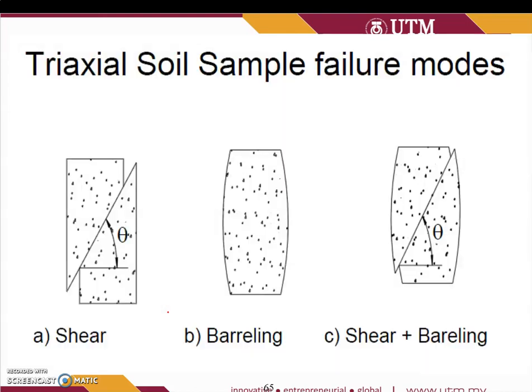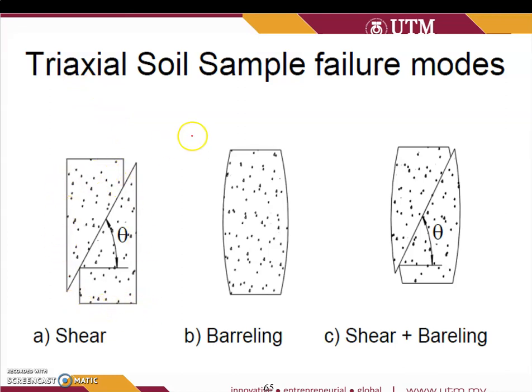So these are some of the failure modes if we have a soil sample that has been tested in the triaxial. UCS also uses a triaxial, but doesn't have any confined pressure or water pressure.